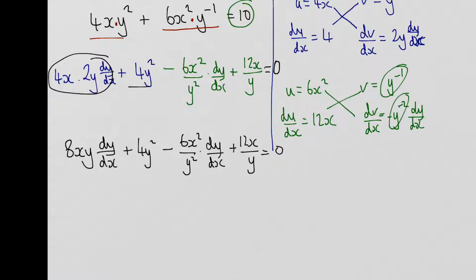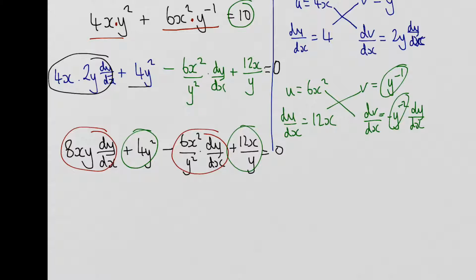So again, anything that involves a dy by dx, I'm going to collect together. That's this term with the dy by dx and this term with the dy by dx. Anything that hasn't, I'm going to put over to the right hand side.